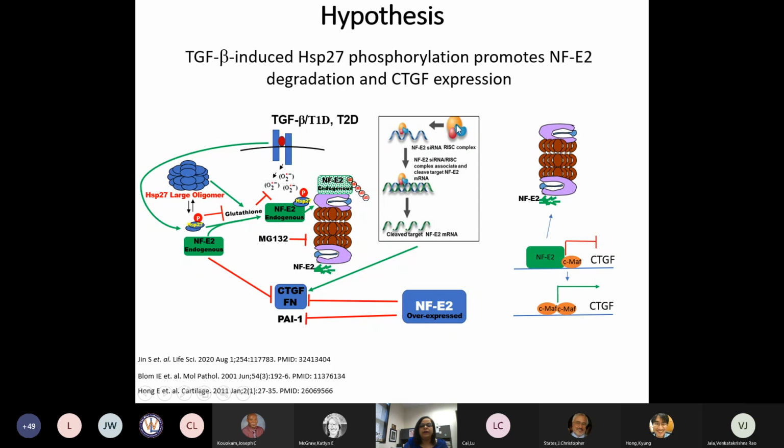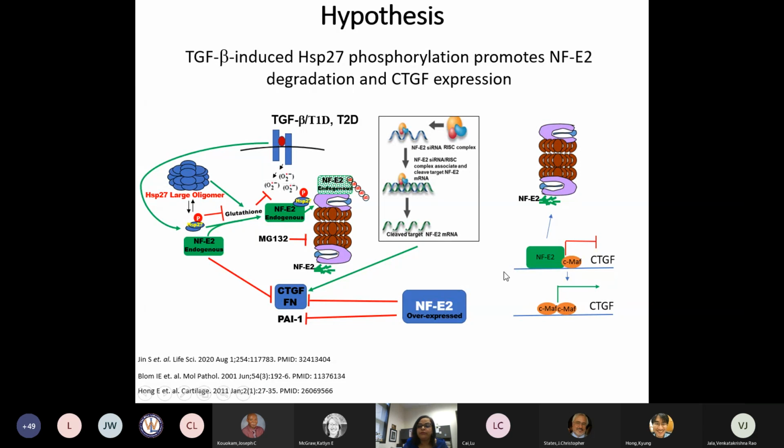So if you see here, if NFE2 and MAFK bind to the promoter sequence of CTGF, they may possibly inhibit transcription of CTGF. And I say this because NFE2 binding sites are present in the CTGF promoter.